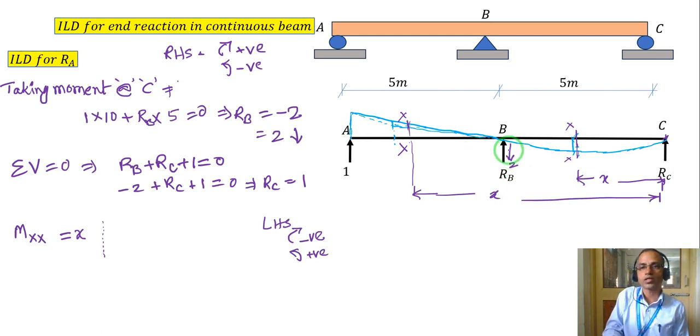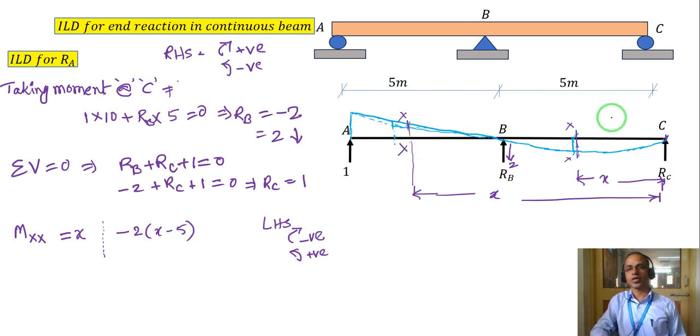So what I want is this moment times this distance. And this is clockwise, and clockwise is negative. So minus 2 into X minus 5.